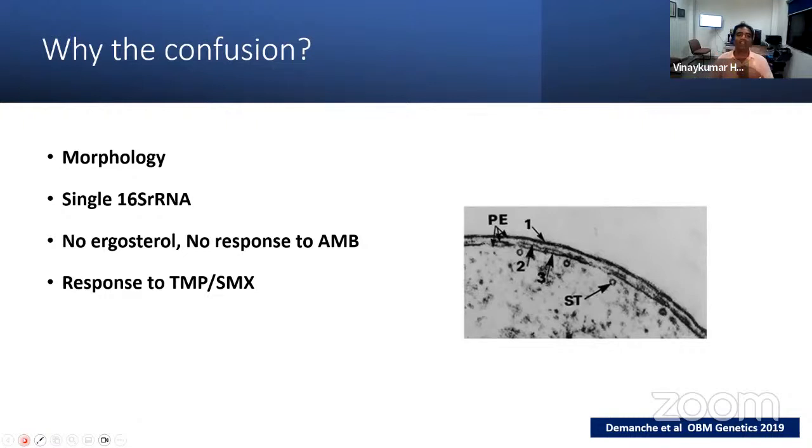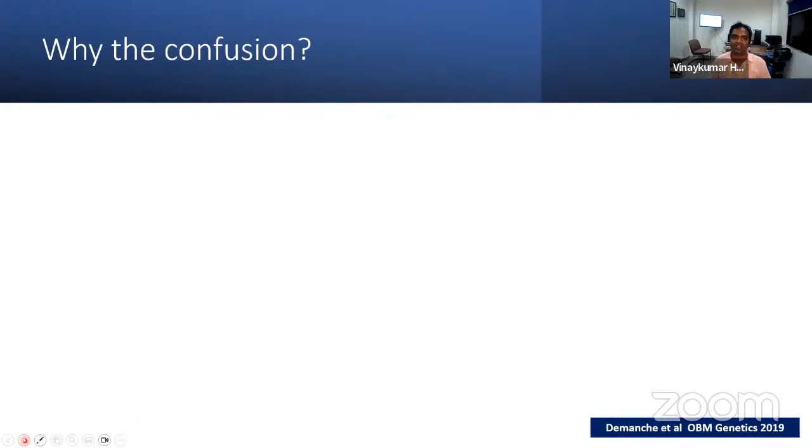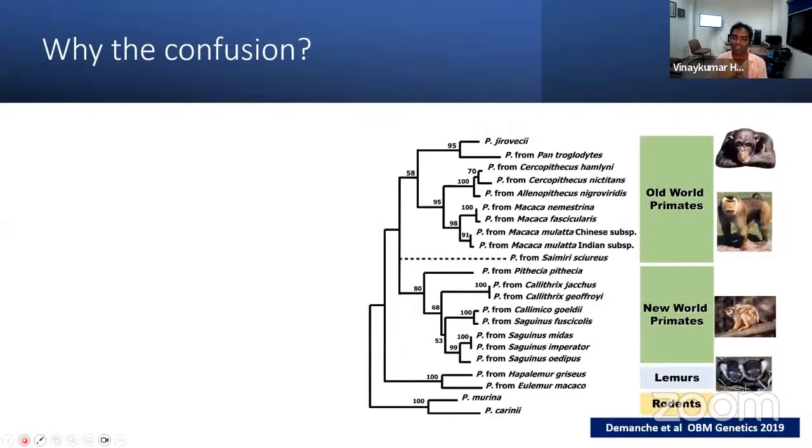But when they went ahead and did the molecular studies, what they found was it was a fungus rather than a parasite. Subsequently, they again looked into the molecular study. When they took all the pneumocystis sequences, aligned them and made a family tree, or what is called in scientific terminology the phylogenetic tree, they found that each species or each group of animal had its own species of pneumocystis.